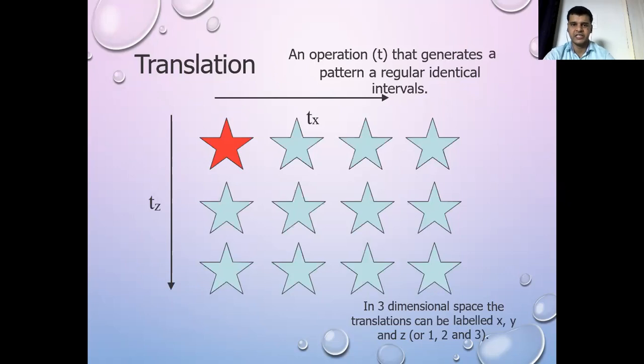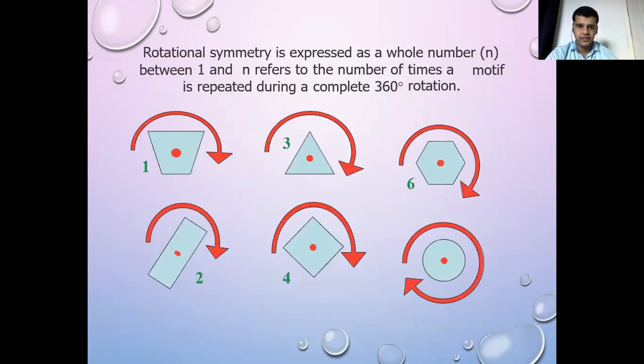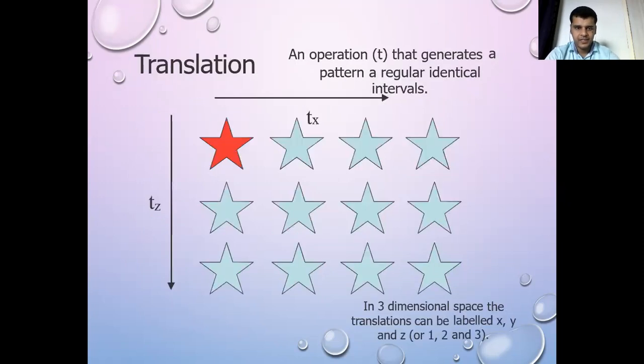First we see this figure: an operation that generates a pattern at regular intervals. In 3-dimensional space, the translation can be labeled X, Y, and Z.